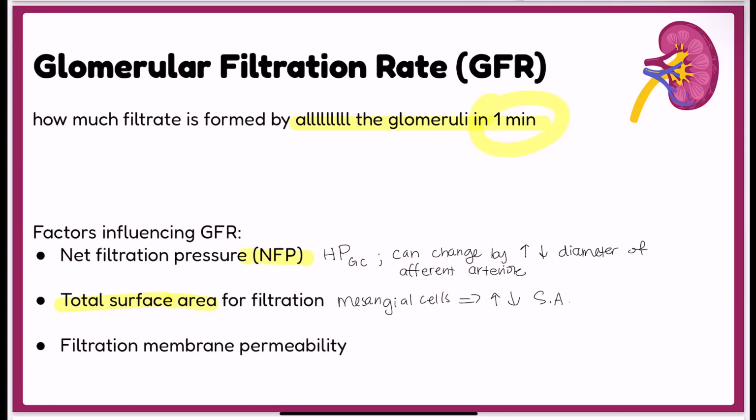More surface area means more filtration, right? But also we have to think about how permeable the filtration membrane is. That filtration membrane is normally really, really permeable, so we don't have to worry about this so much.